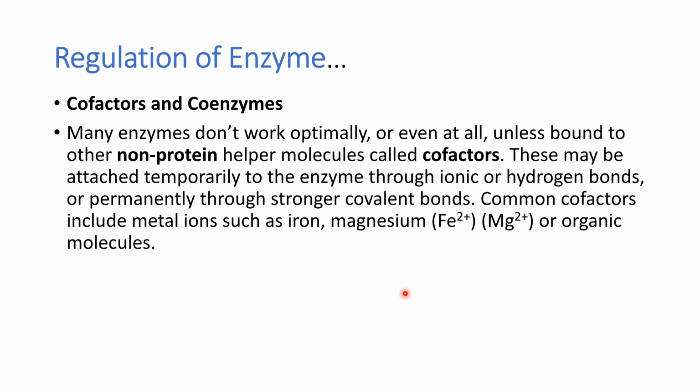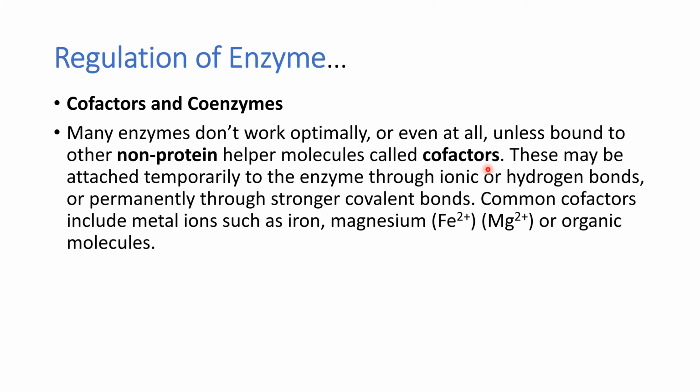So the very first term is cofactors. Cofactor is somehow the general term. Many enzymes don't work optimally or even at all unless bound to other non-protein helper molecules called cofactors, right?